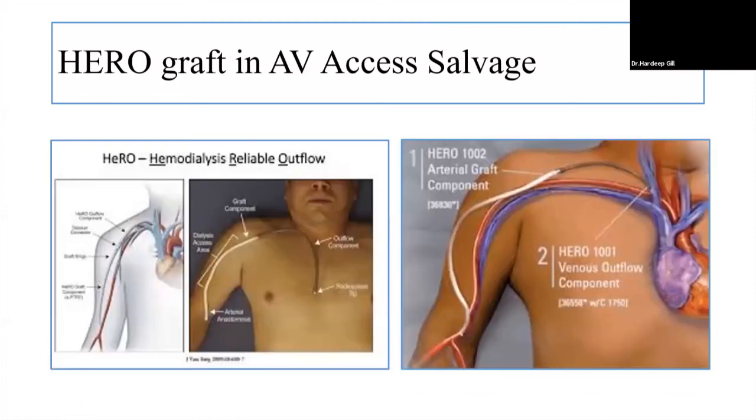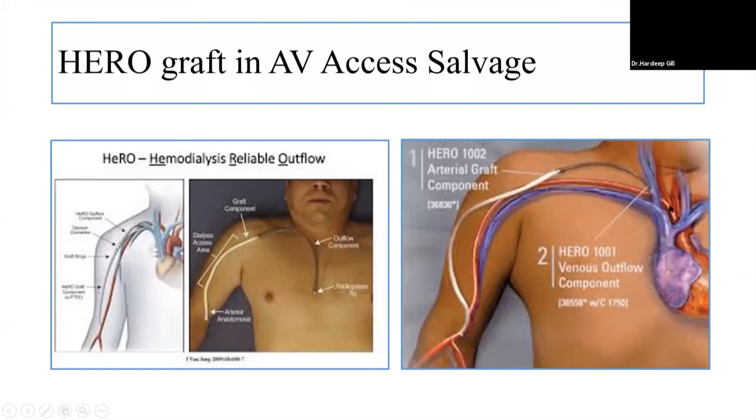Now, HeRO graft. HeRO basically means hemodialysis reliable outflow. So the HeRO graft can also be used to salvage an AV access, and basically we cannulate the central vein. So from the internal jugular vein, we are able to put in a catheter that goes into the right atrium.